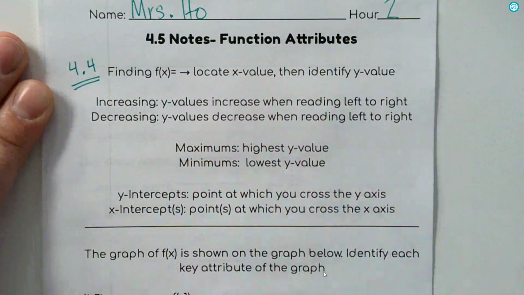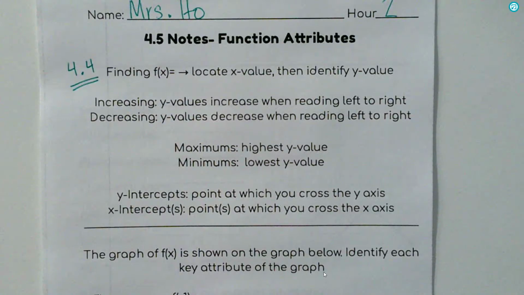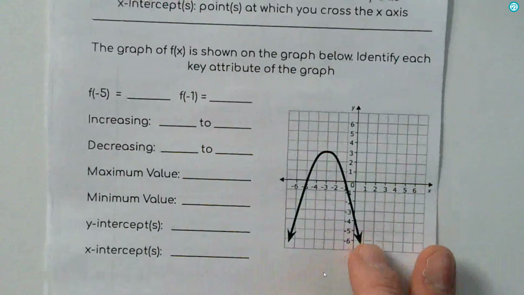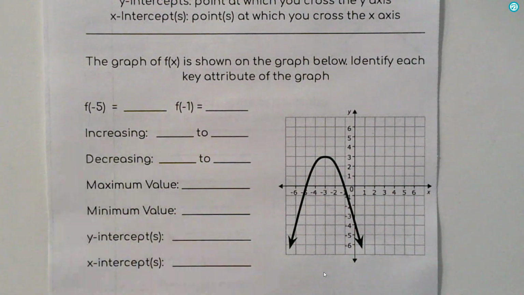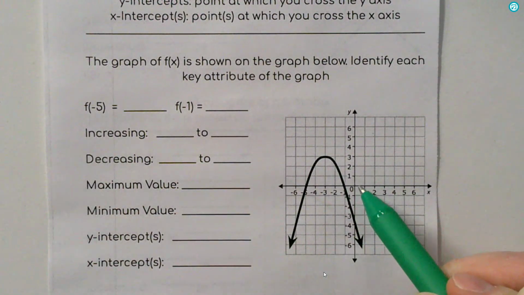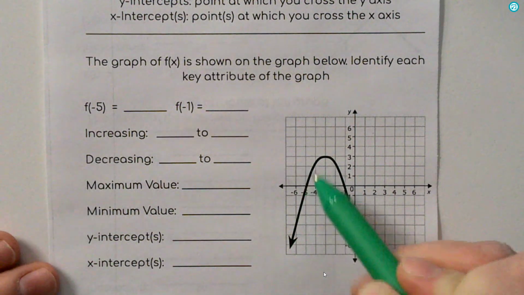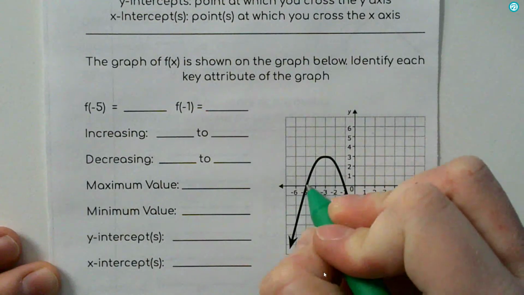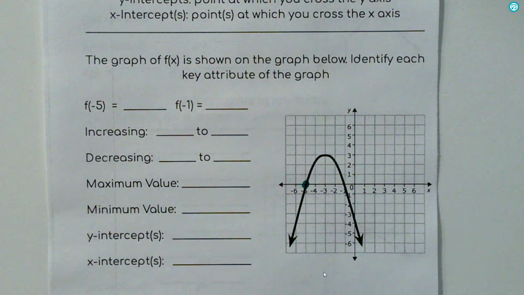Moving down to my first graph, I've got f of -5 is the first thing I want to find. So I start at 0, and I'm going to go left to -5 and find the corresponding value of my graph. At -5, where does my graph cross? 0. So f of -5 is 0.